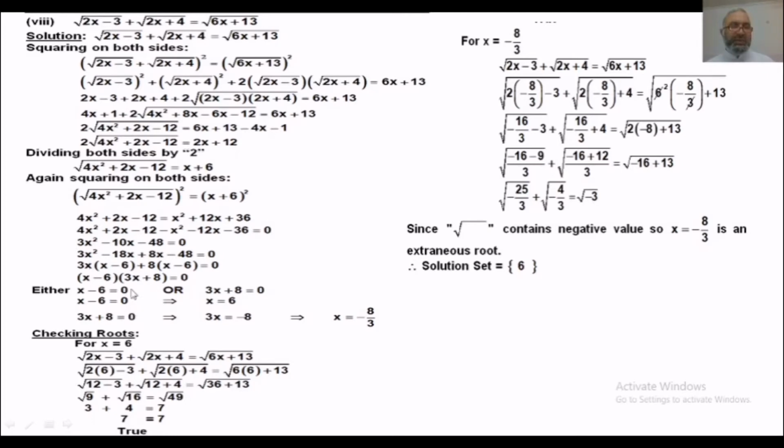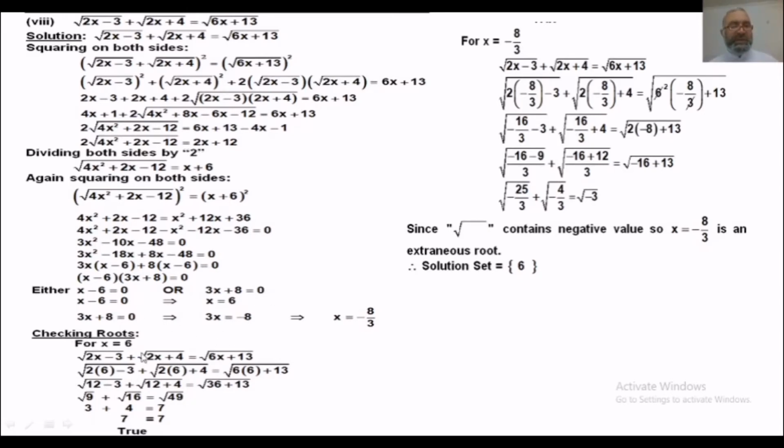Product of two factors is equal to 0 means each factor is equal to 0. That is, x minus 6 is equal to 0 or 3x plus 8 is equal to 0. Simplifying, we get x is equal to 6, and 3x plus 8 is equal to 0 means 3x is equal to minus 8, or x is equal to minus 8 by 3. So we get two values, two roots, x is equal to 6 and x is equal to minus 8 by 3. Now checking these two roots.